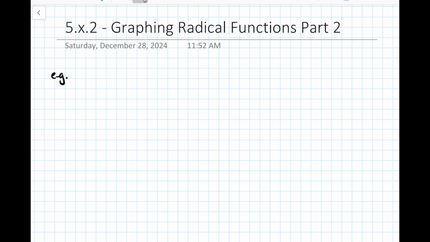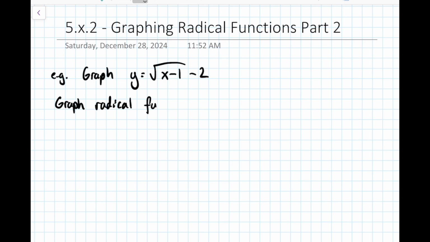So let's say we wanted to graph something like y equals the square root of x minus 1, minus 2. Graphing radical functions is a lot like graphing something in vertex form, if you know what to do.